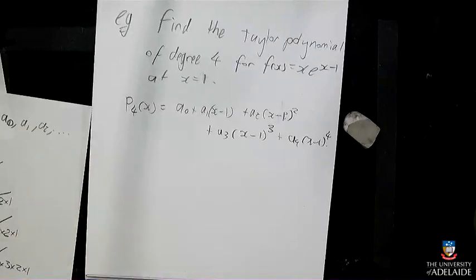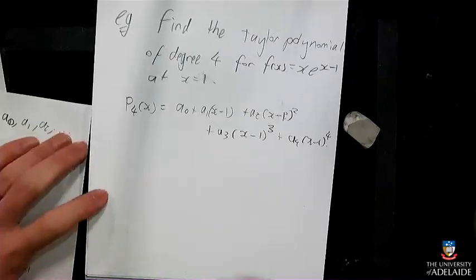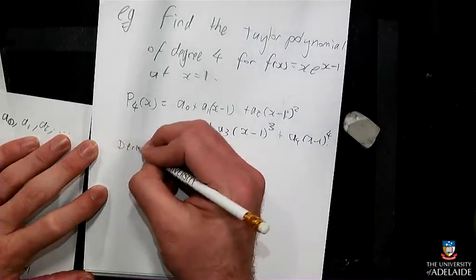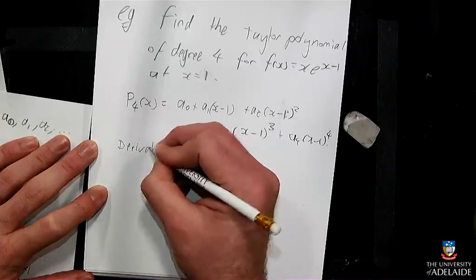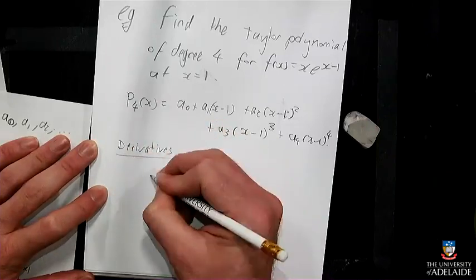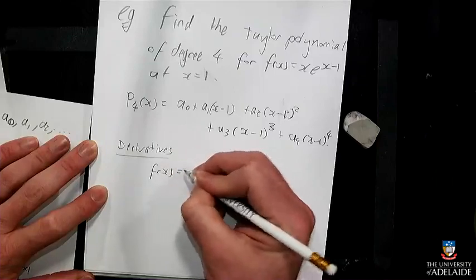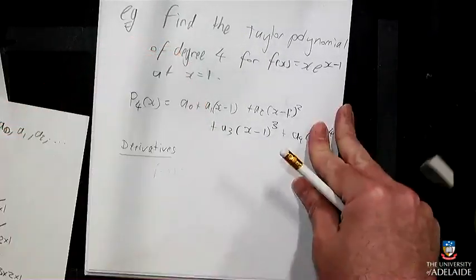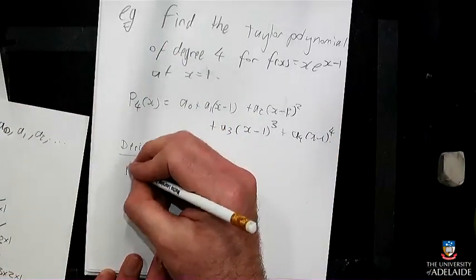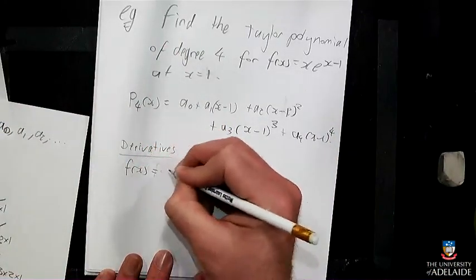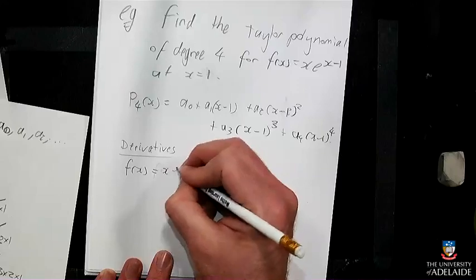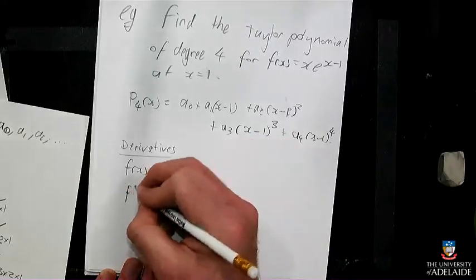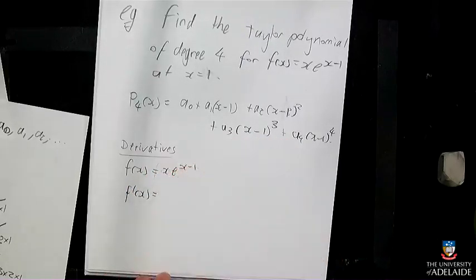And in order to figure them out, I'm going to need to know the derivatives of my original function. So I'm going to do the derivatives. So f of x was x e to the x minus 1. f dashed x, I'll have to use the product rule.